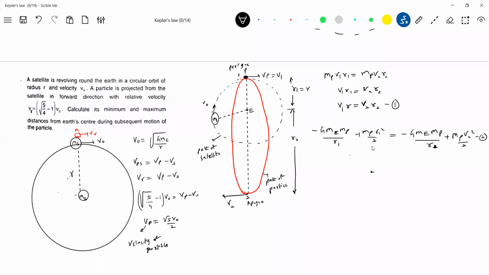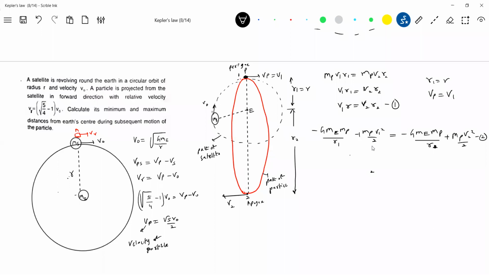V naught is what? Root of GM_E by R, where R is the radius of that particular thing. So now R1 is equal to R, and Vp, that is V1, we know that value also. Everything I think, G, M_E, M_P will get cancelled.